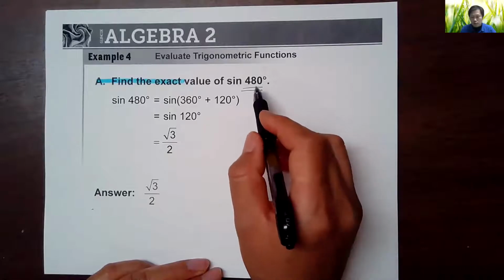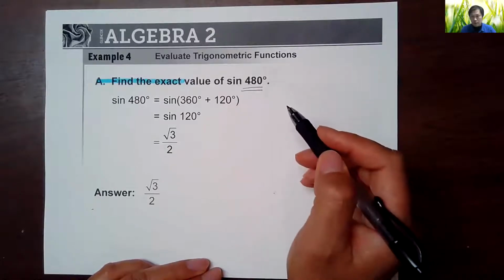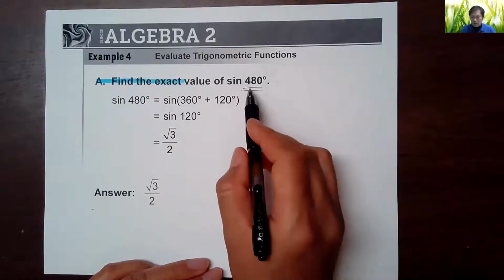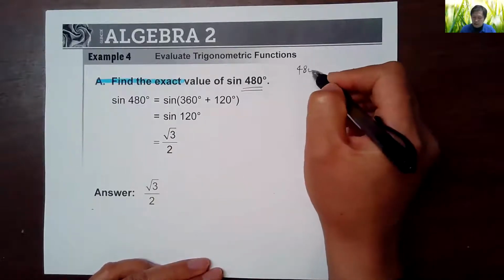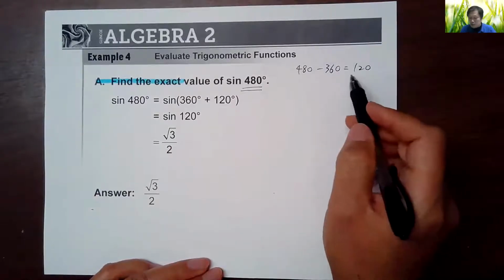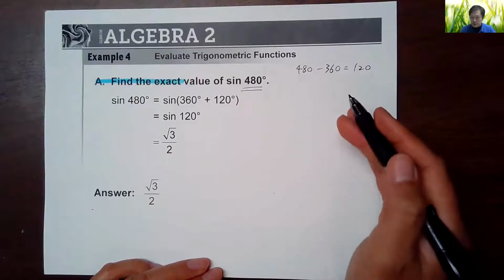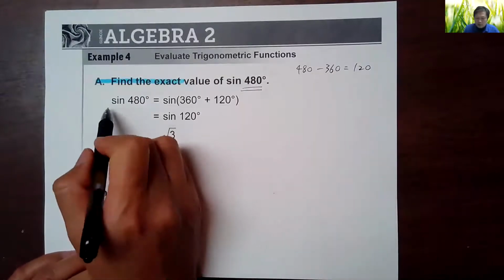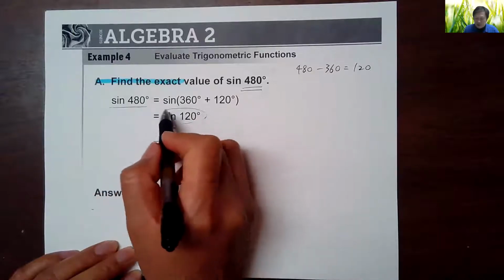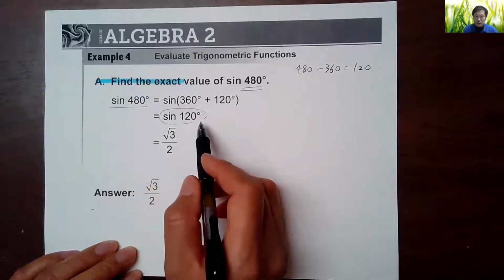So you want to find the coterminal angle which is between 0 and 360. For 480, I will just subtract 360, then you get 120. And 120 is between 0 and 360. So sine 480 degrees is exactly the same value as sine 120 degrees.